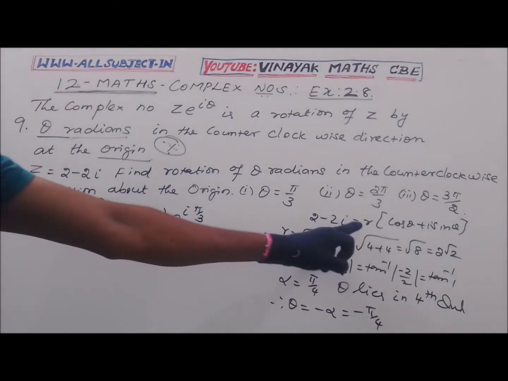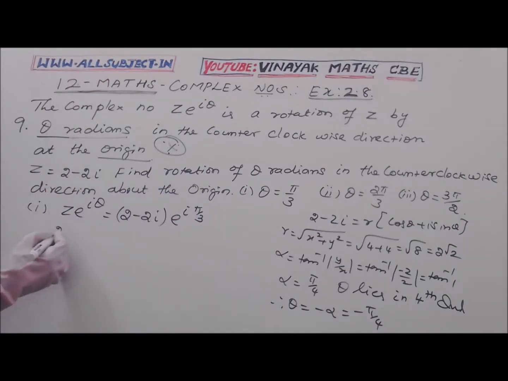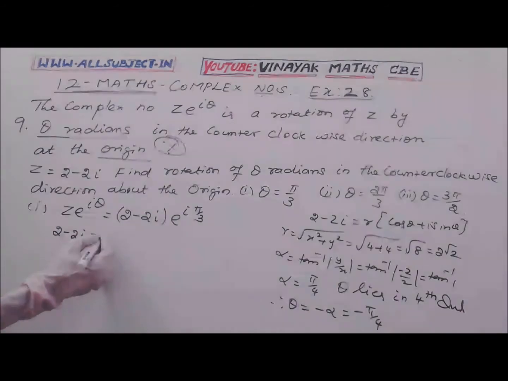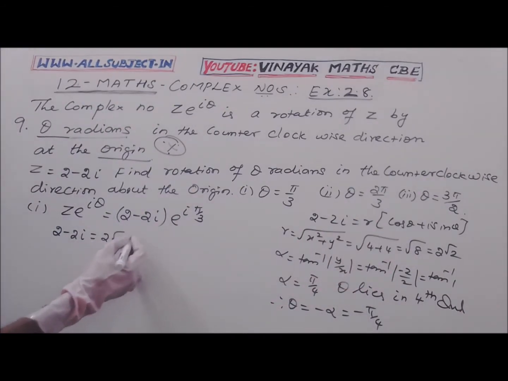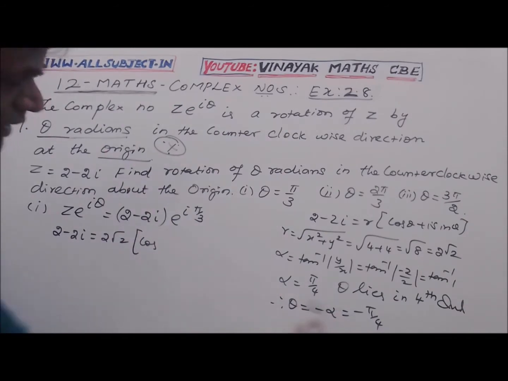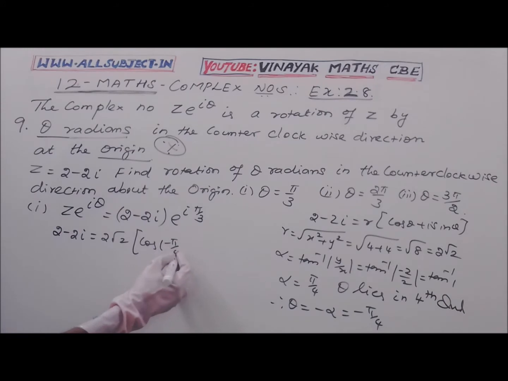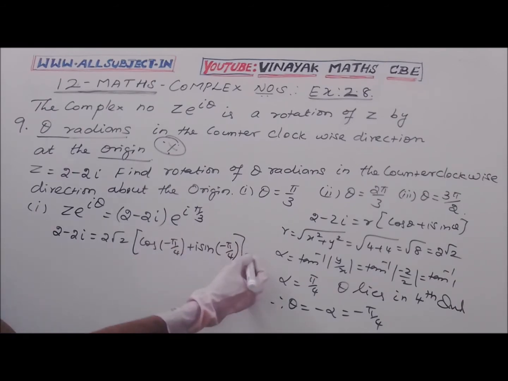Now converting this into polar form, 2 minus 2i equal to r into, the value of r is 2 root 2, into cos of minus pi by 4 plus i sine of minus pi by 4, into e power i pi by 3.